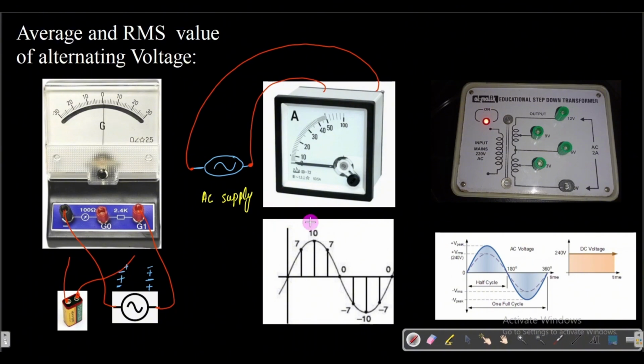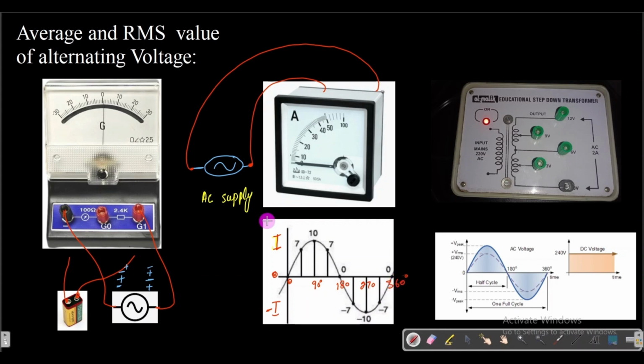So here we have the AC supply, and it is changing its magnitude. On the y-axis we have current. This is the zero position, and this is the current with the negative sign. Here this is the zero angle, this is the 90 degree, this is the 180 degree, this is the 270 degree, and this is the 360 degree.